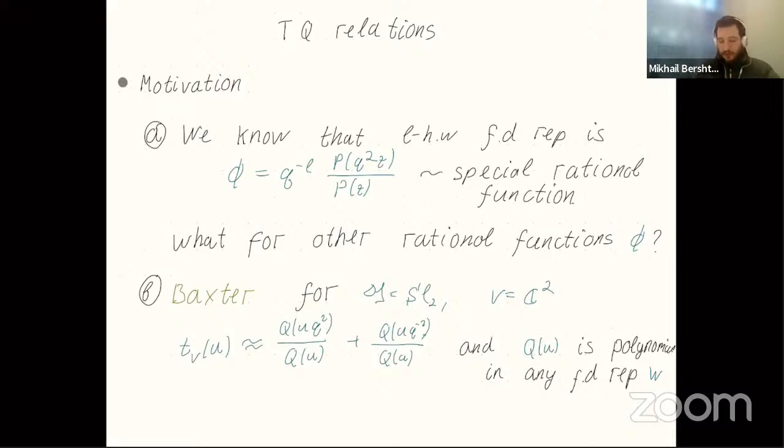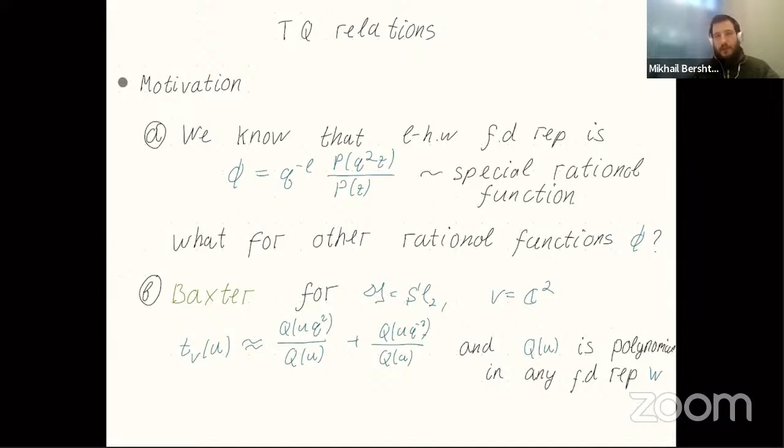But Baxter noticed and used in the proof that actually the spectrum of these operators follows from the spectrum of some other operator, which is simpler in the sense that it is polynomial. The roots of this polynomial are actually Bethe roots.